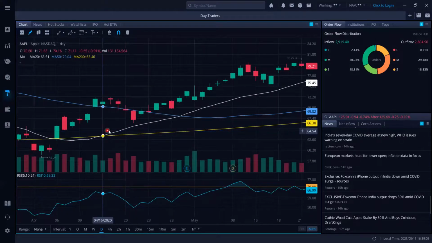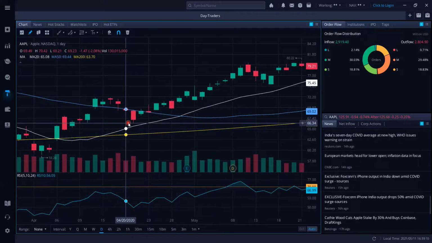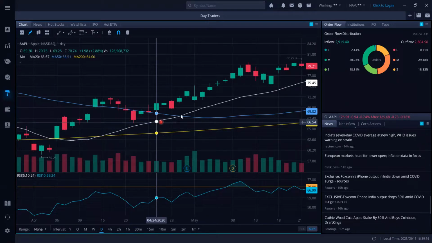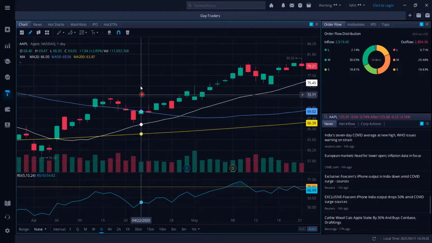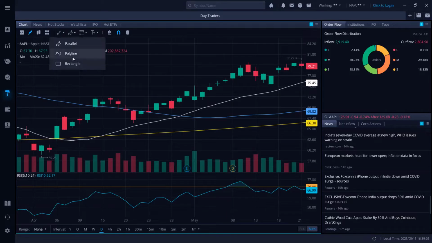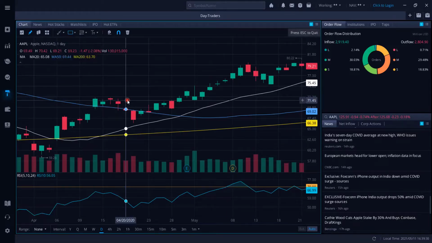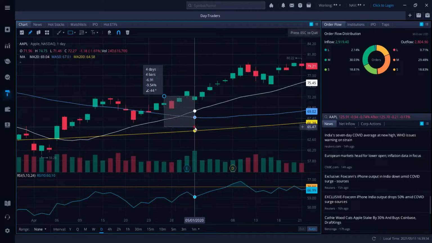So let's talk traditional bullish trends. We see our 20-day average breaking above. We see our stock breaking above the moving averages. Let's go ahead and box this out here. So this area right around where we're at.